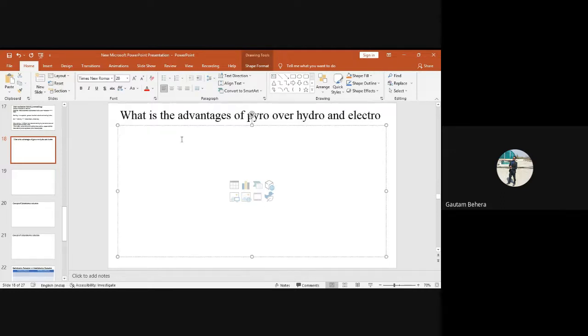The question is why pyrometallurgy remains the principal means of extraction.